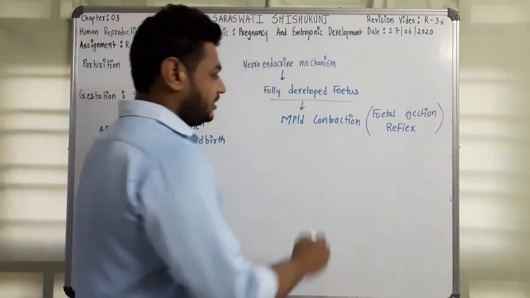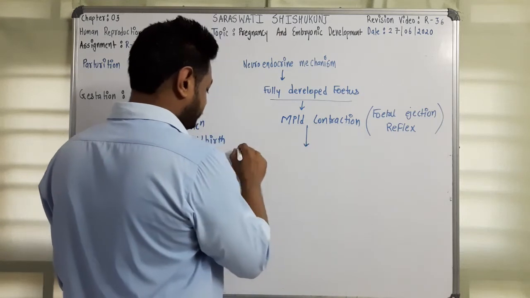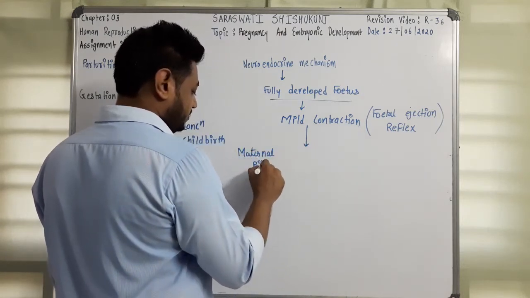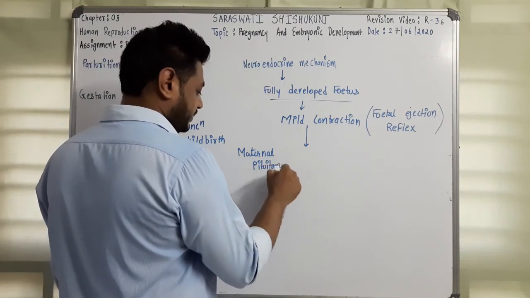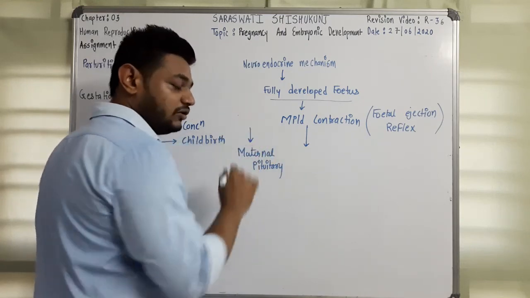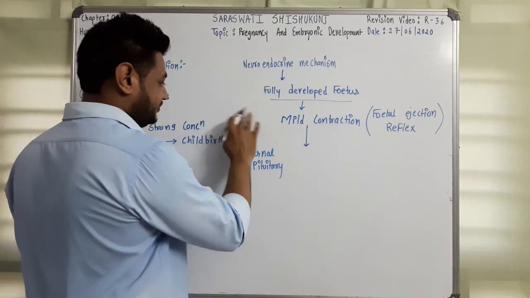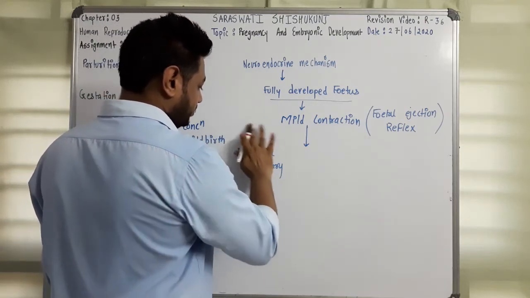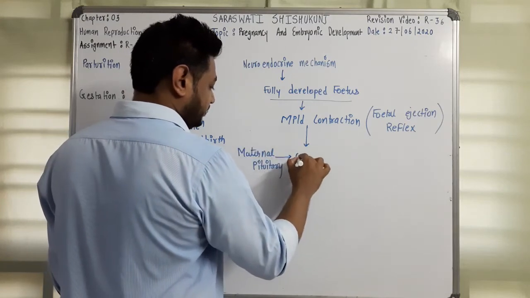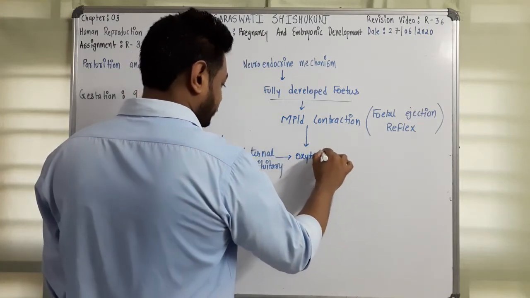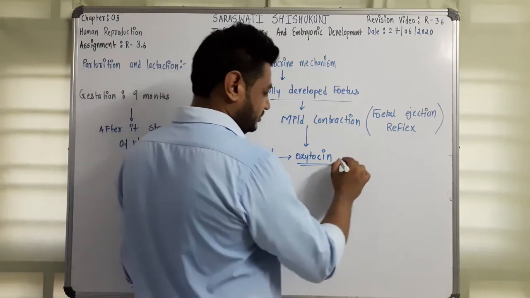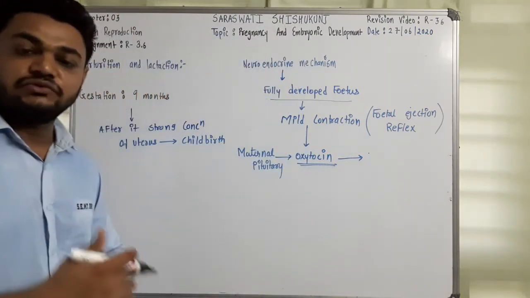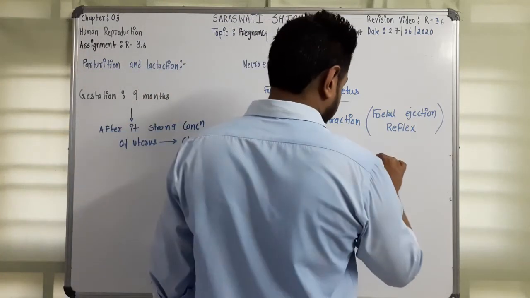This mild contraction stimulates the maternal pituitary to release a hormone called oxytocin, and this oxytocin further helps to undergo more vigorous contraction.